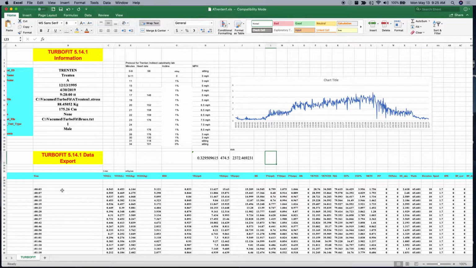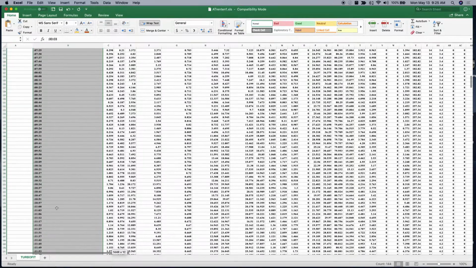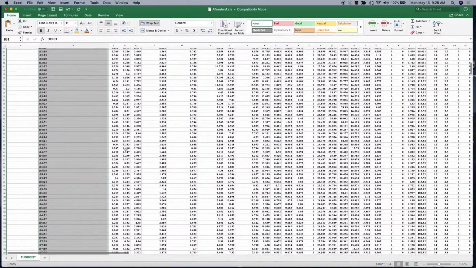One more thing that I want to show you is that to make graphs for the RER, for example, you can highlight your section of time. So let's go to 9 minutes, for example. This is the sitting stage.